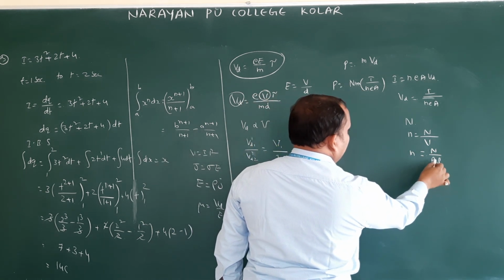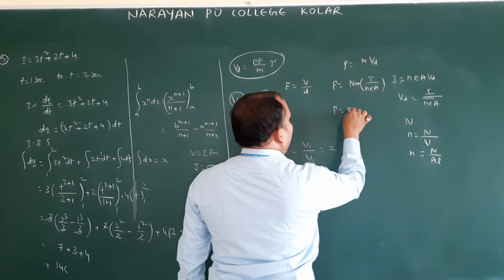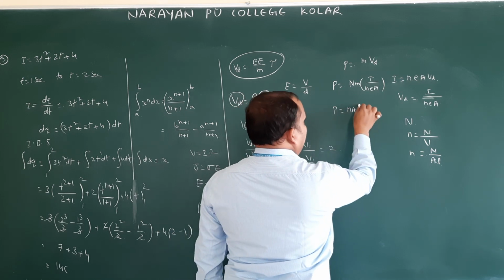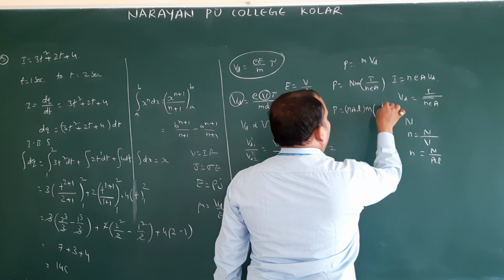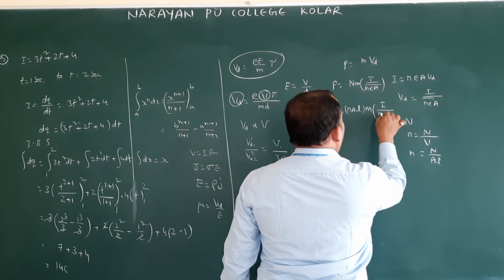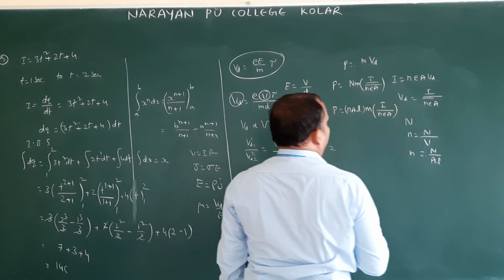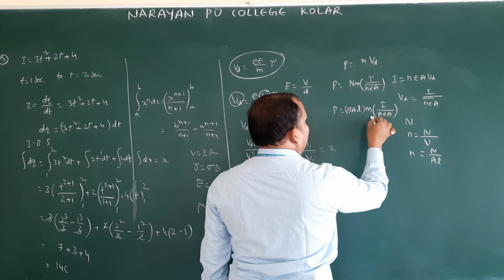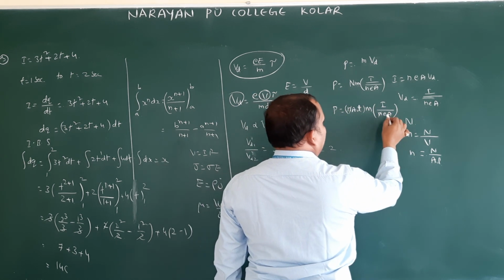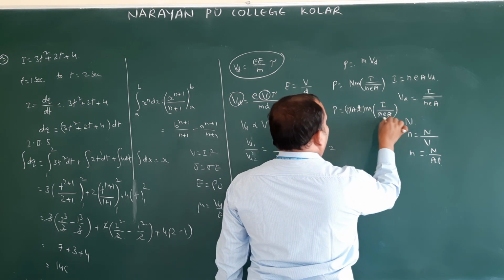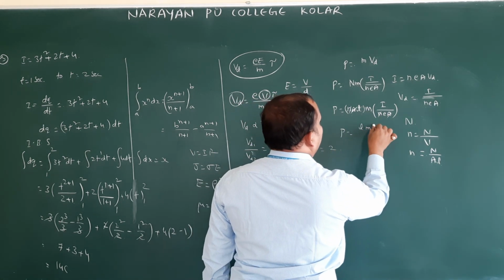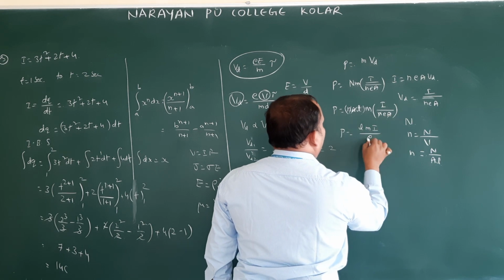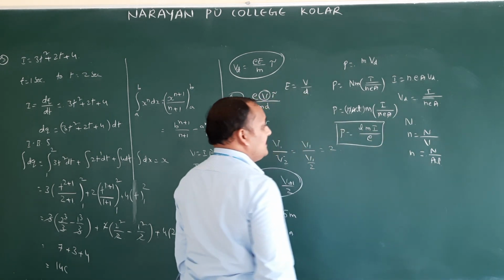Capital N is n A L, into m, into I by n e A. So this n and this n will be cancelled, and A will be cancelled. And P is equal to L m I by e. This is the formula.